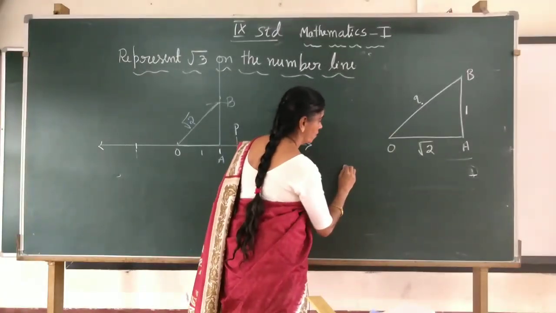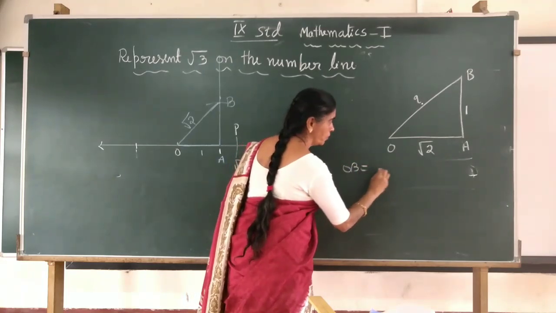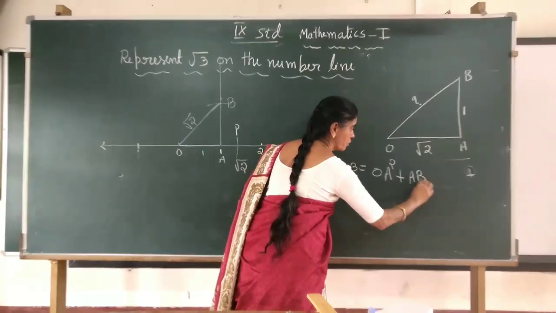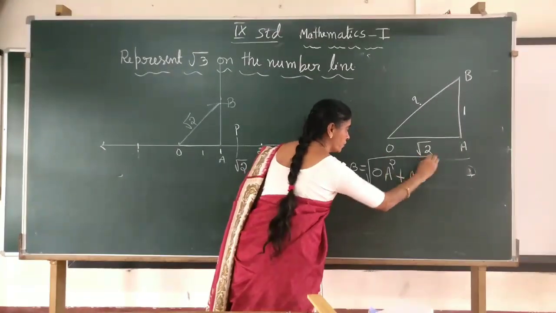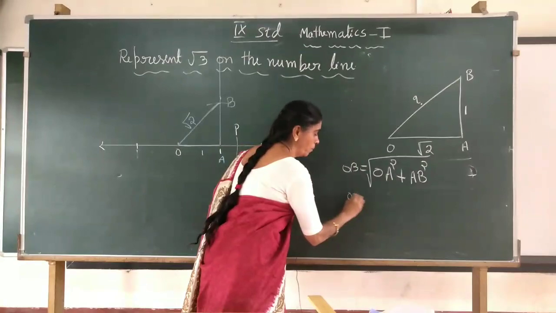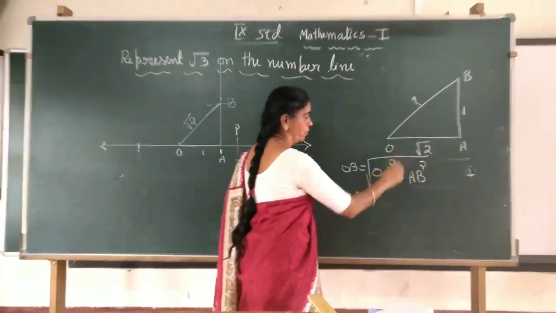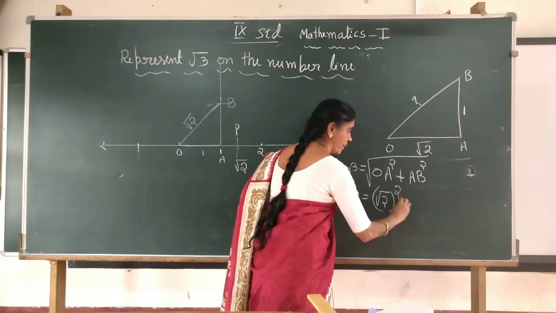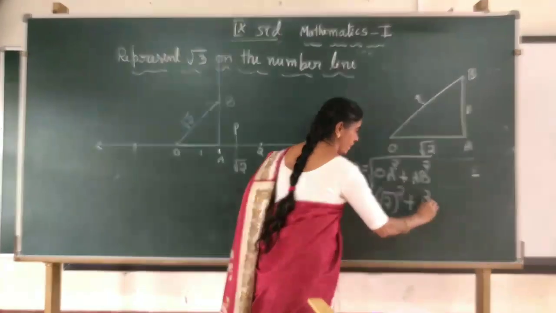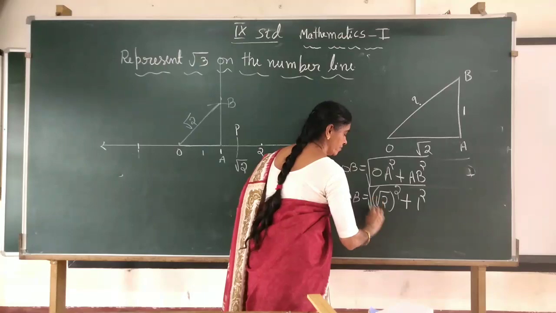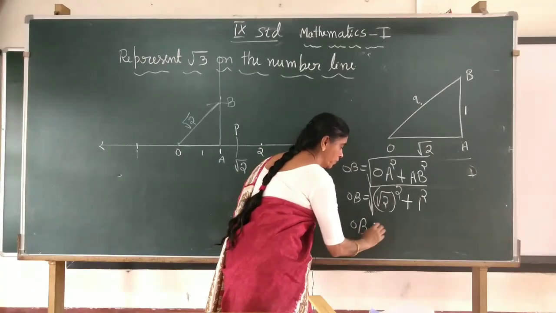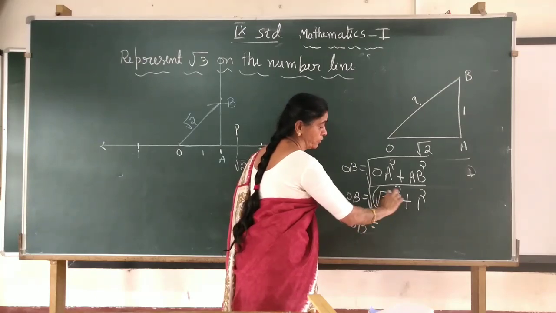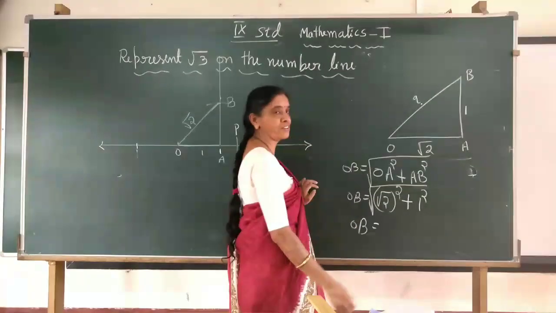Now OB is equal to OA square plus AB square, and you have to find the square root, right? So OB is equal to the square root of OA squared, where OA is square root 2, so its square is square root 2 into square root 2, which becomes square root 4.